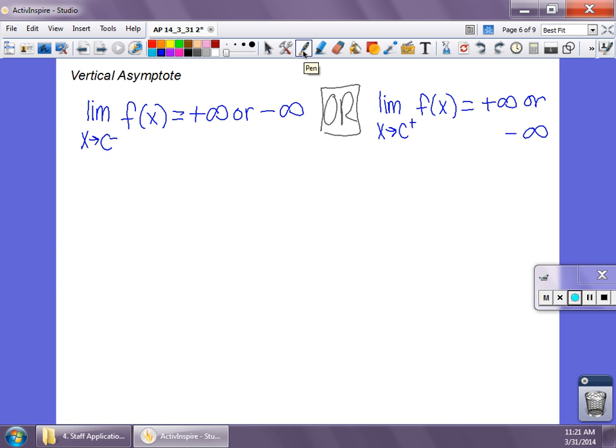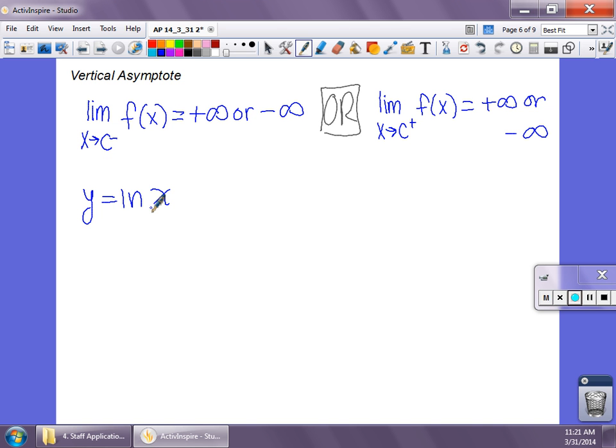Can you think of a function that has a vertical asymptote but only one-sided? ln does. So ln of x, that function has a vertical asymptote, but it's only one-sided. It doesn't use both sides of the asymptote, but it's still considered an asymptote. So that would be a nice function to think about when you think about your vertical asymptotes.